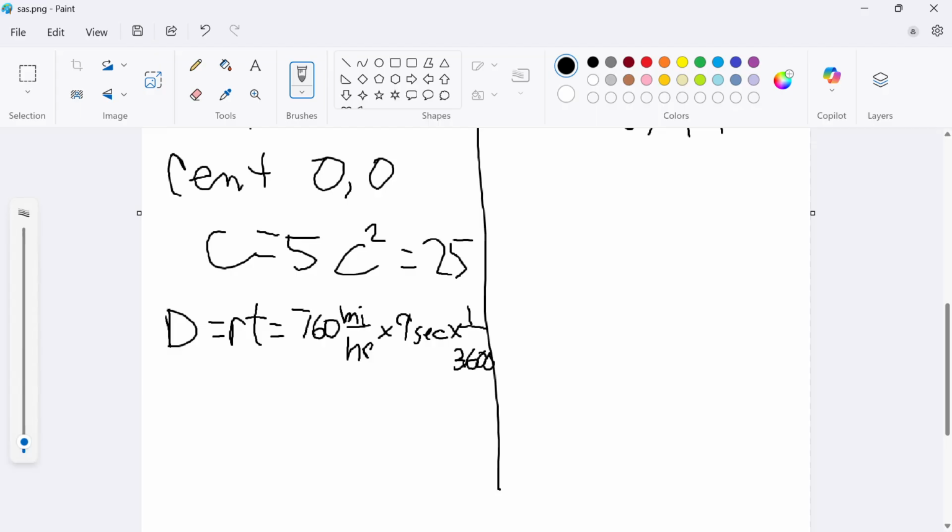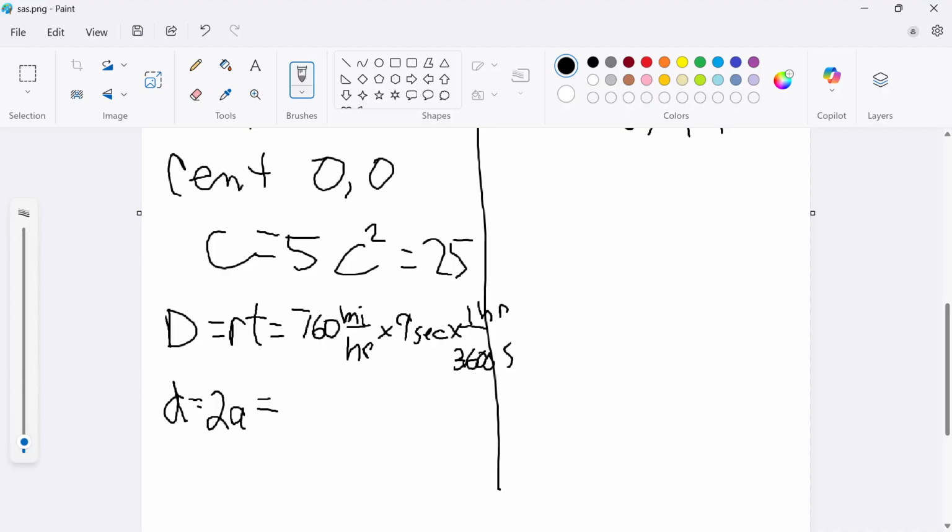That gets me miles per second times seconds, which is miles. That's going to be the D, the difference in the distance between Carl and Sasquatch and Jeff and Sasquatch, and that equals 2A.